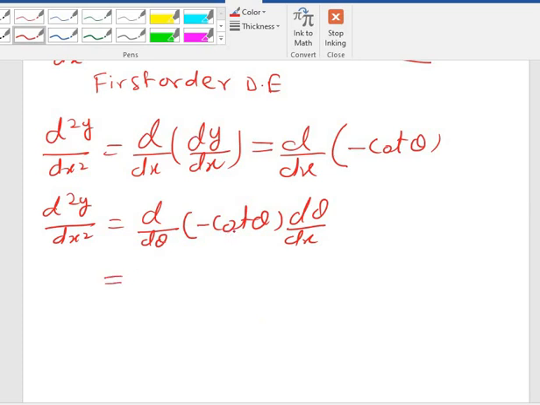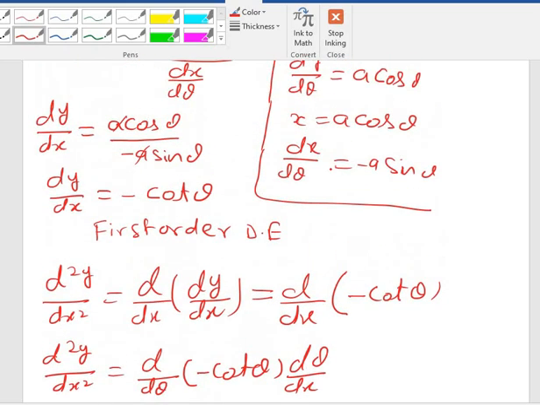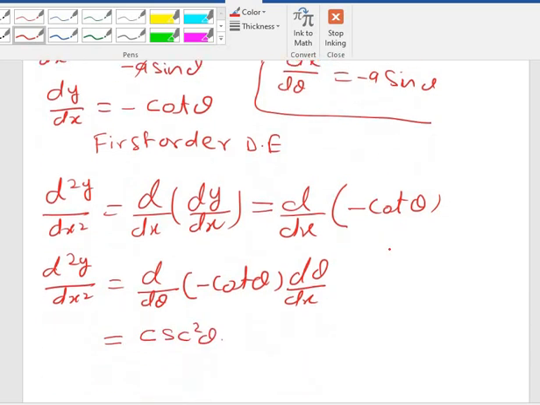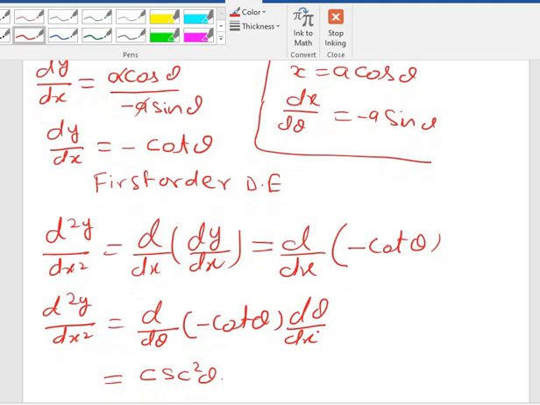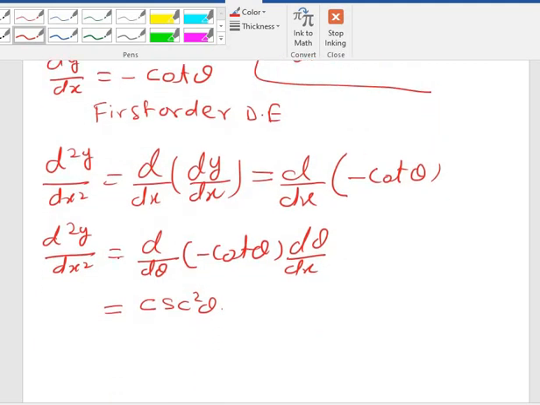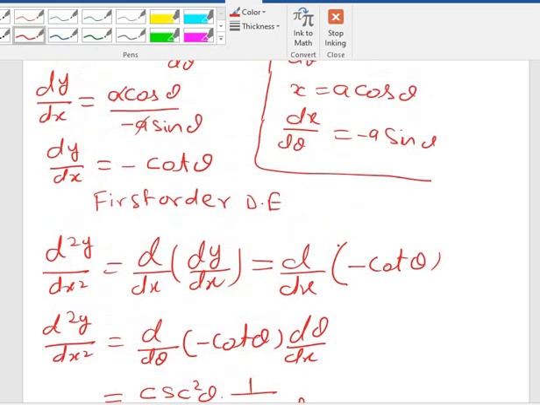The derivative of cotangent theta is minus CSC squared, so with the minus already here it becomes CSC squared of theta, and dx/dθ is given here as minus a sine theta. So dθ/dx becomes 1 divided by minus a sine theta.